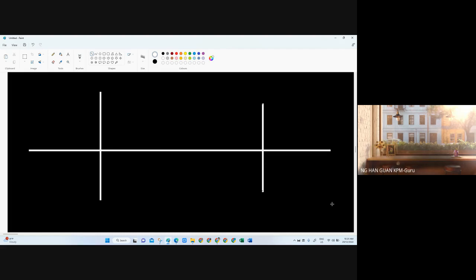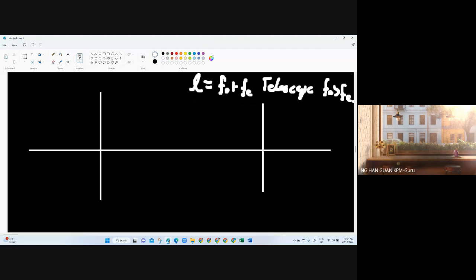Now we focus on the telescope, on the normal adjustment, where the length is equal to FO plus FE. And remember, for the telescope, FO is more than FE. So remember these two.